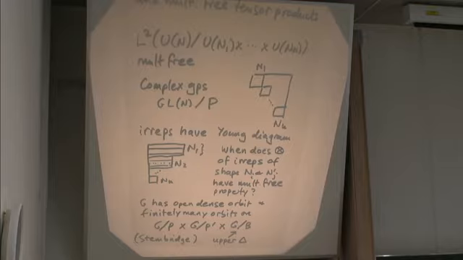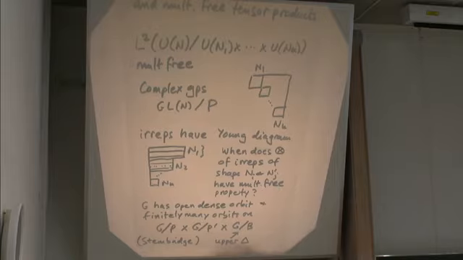That's the rule. And this was proved by Stembridge. So when this happens is a remarkable thing, because you have an open dense orbit, and then only finitely many orbits otherwise.